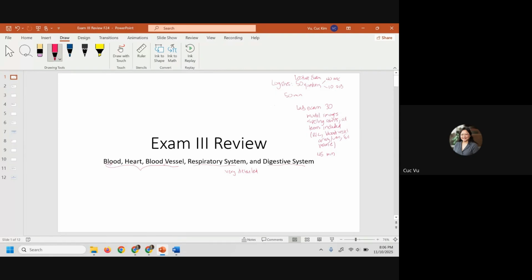Any questions on the logistics for the lab exam? This is kind of a dumb question, but say if you're looking at the lungs, would you say right lobe of lung? Would you actually put of lung or of liver, or just leave that out because it's obvious? You actually want to say of lung, of liver, because sometimes when students are answering, they put the wrong organ, and I have to take out the points for it.